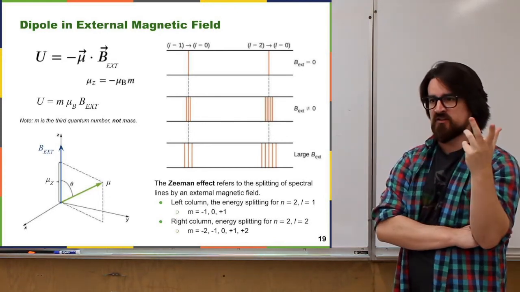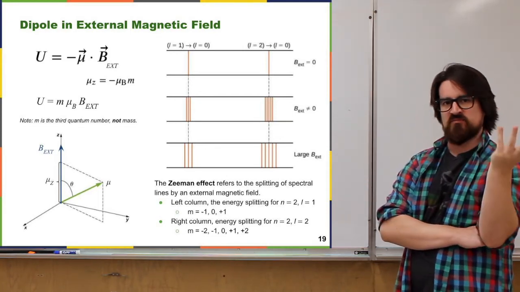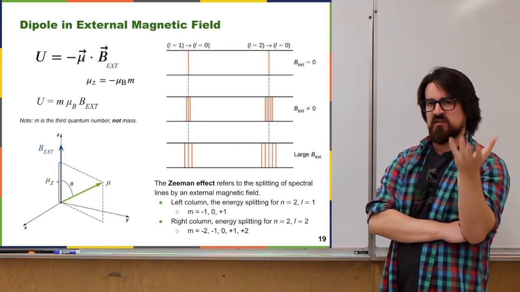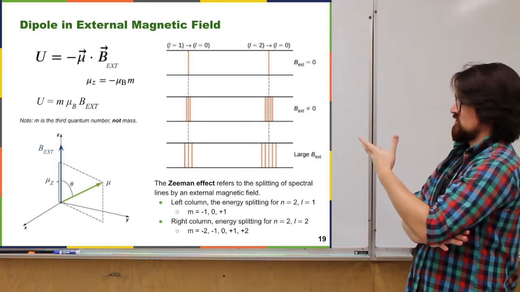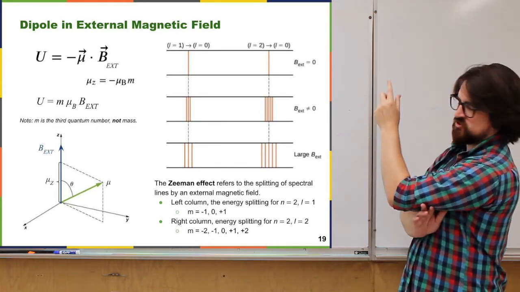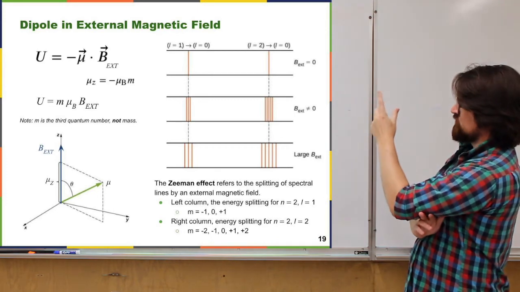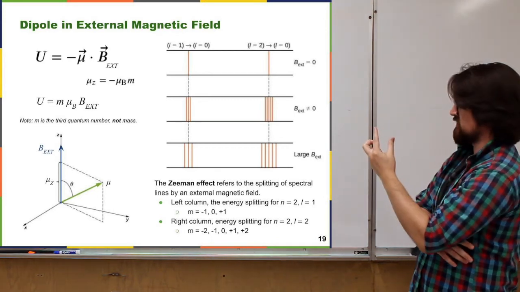And if you look at the atomic spectra of, say, a hydrogen atom in an external magnetic field, you can confirm that this model is correct, because the external field is splitting these angular momentum states into multiple sub-energy states.